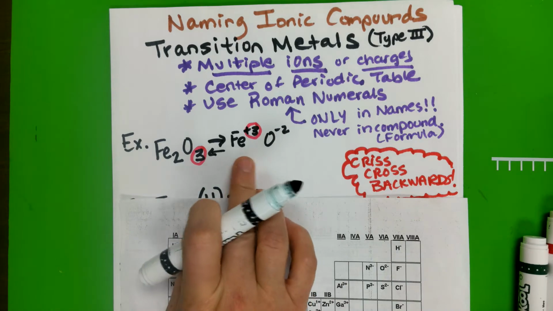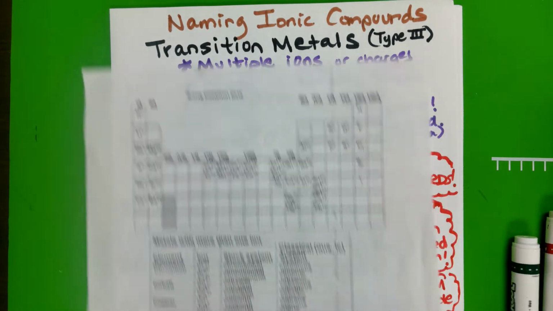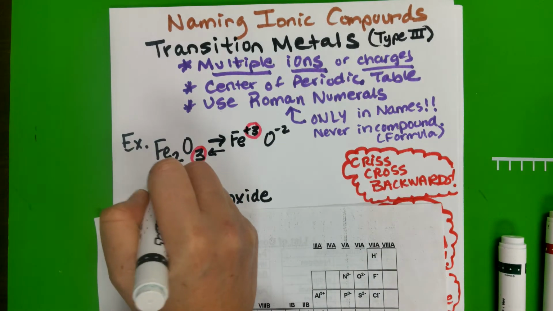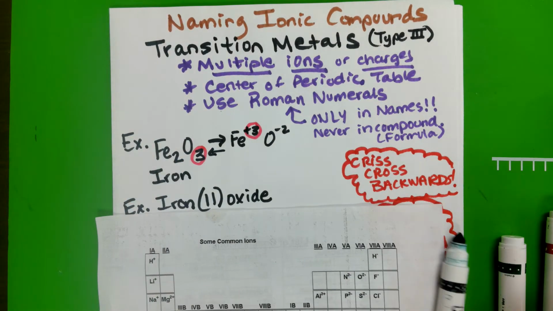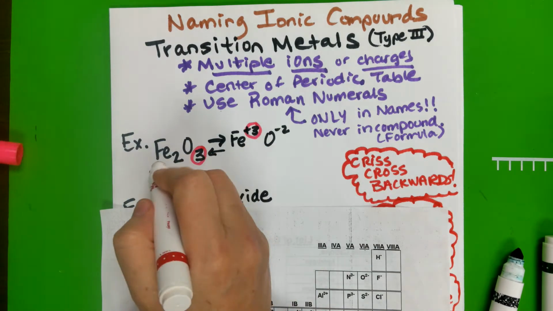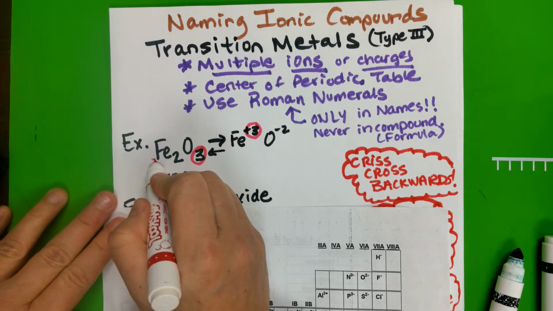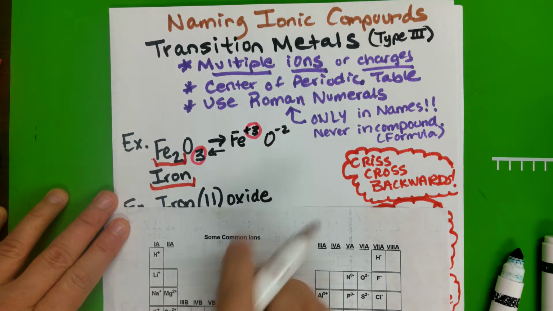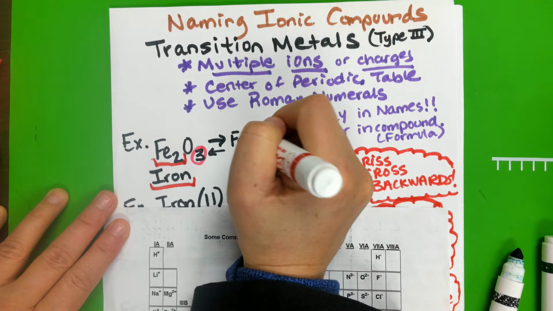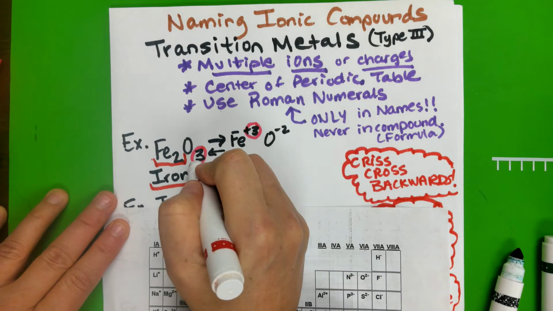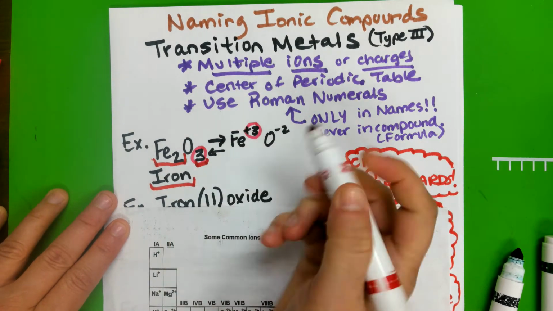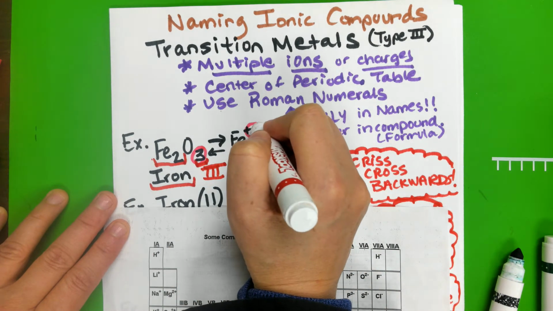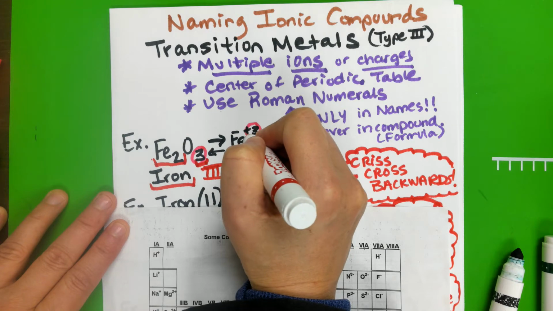So now we're gonna write it down. Fe means iron. Let's write the name down. So it will be iron, and this represents the iron. Now the 3 right here, actually it should be this 3, that is the Roman numeral 3.